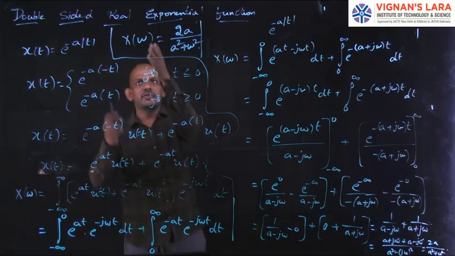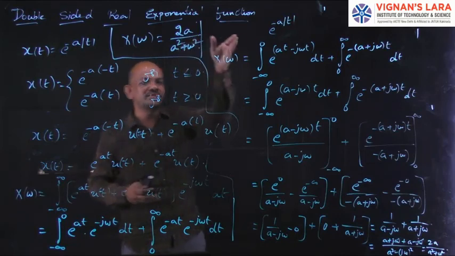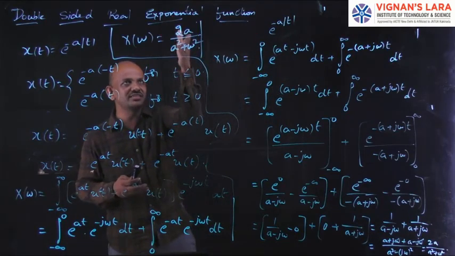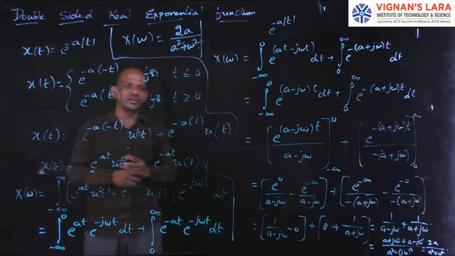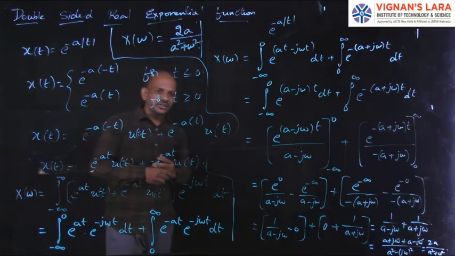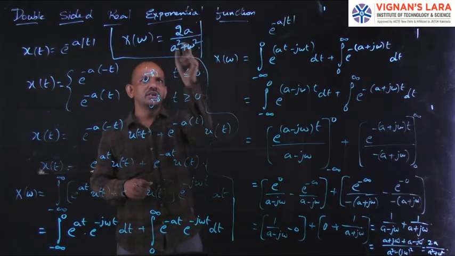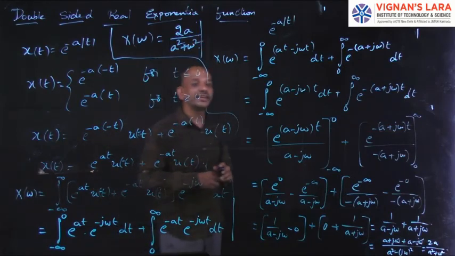Mod of X of omega is the square root of real part square plus imaginary part square; there is no imaginary part, so the square root and square cancel, and mod of X of omega is this value. So at omega equal to 0, 2a by a square, a square cancels, that is 2 by a.